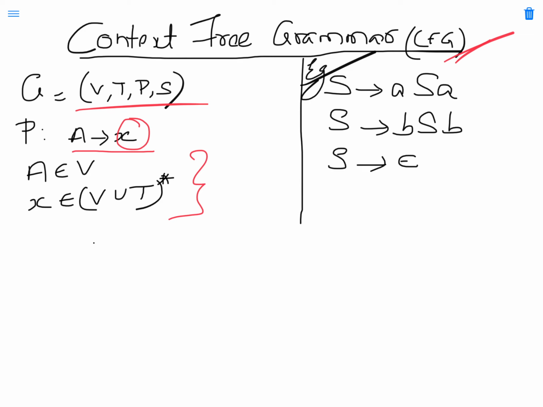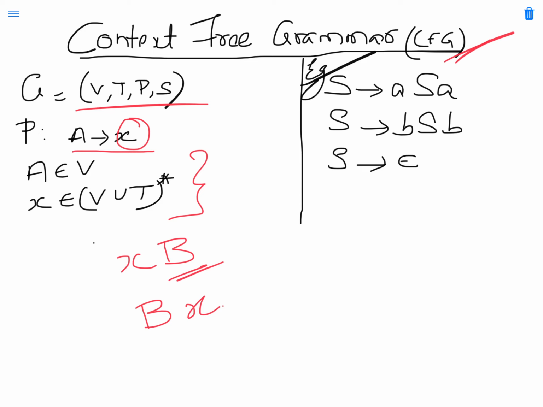In regular grammar, the right-hand side of the production starts with a string of terminals followed by a single non-terminal. So some restriction was there, isn't it? Similarly, left linear grammar has a single non-terminal followed by any number of terminals. Such a case does not apply to context-free grammar.